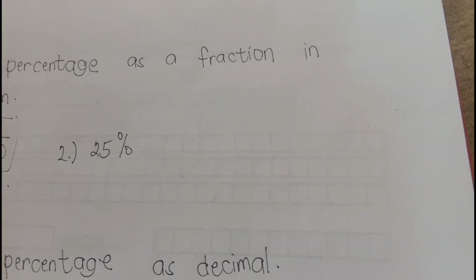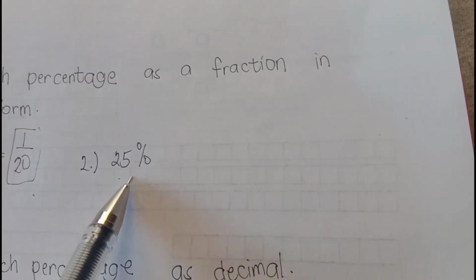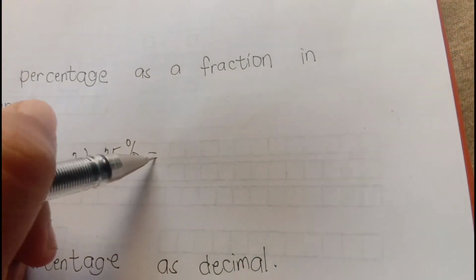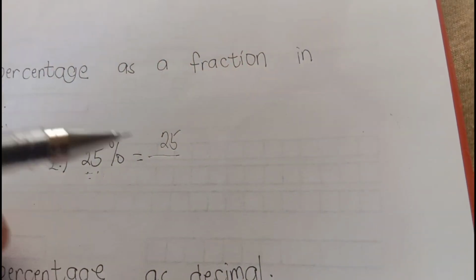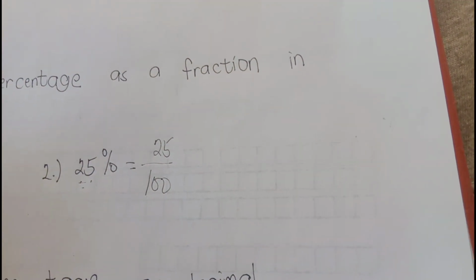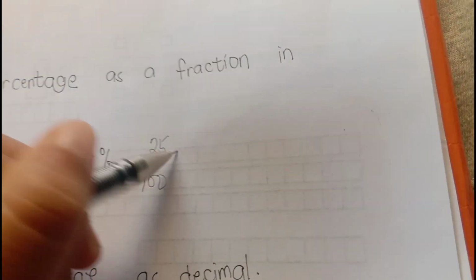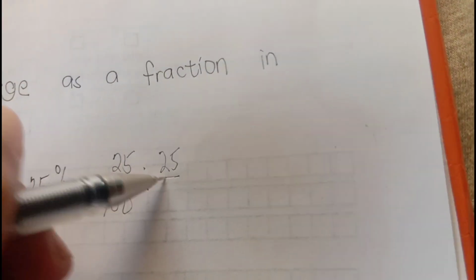Okay, next we have 25%. The 25 will be the numerator over 100. Write it in the simplest form. What is the GCF of 25 and 100? It's 25.